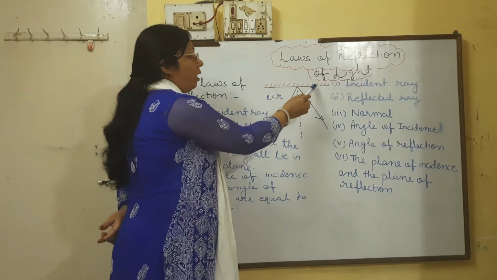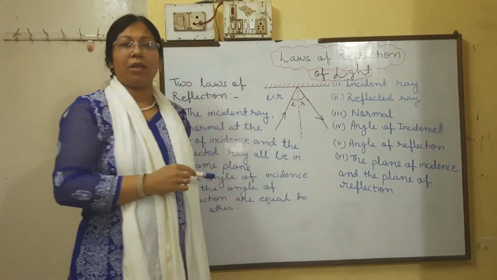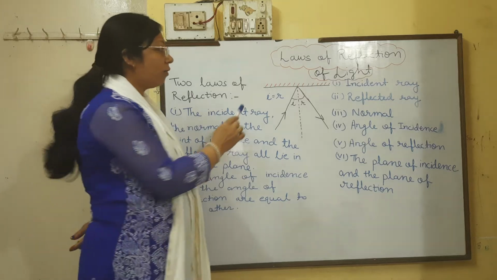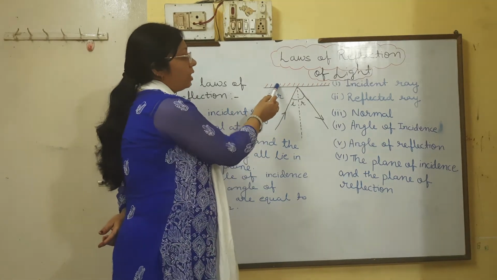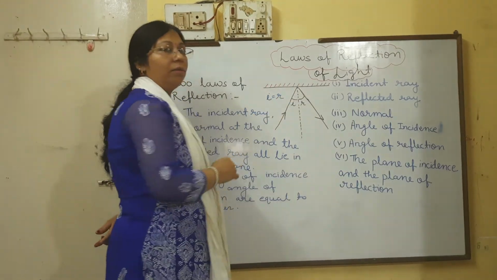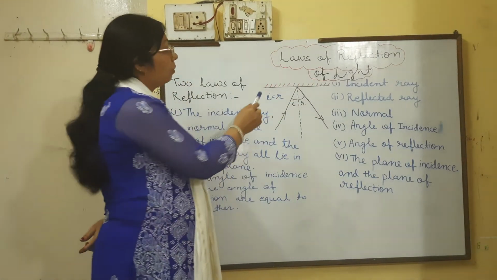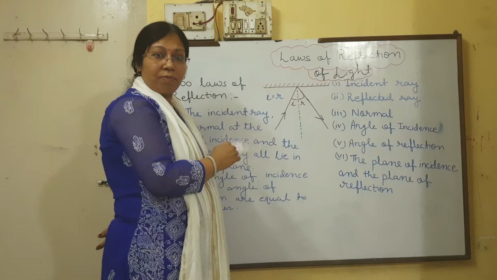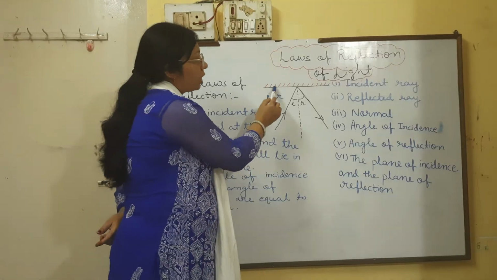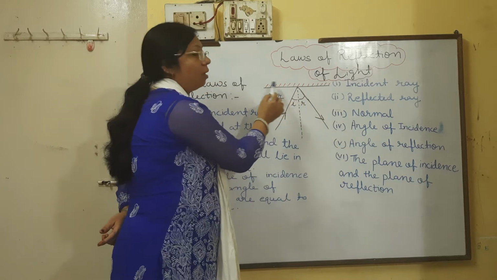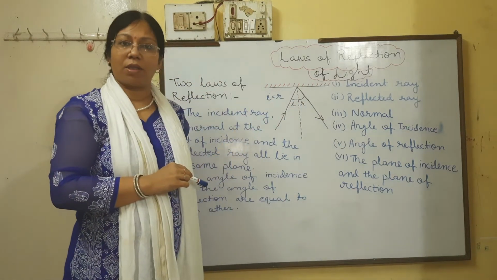Here you can see I have made a rough structure of the plane mirror, and this dashed line is showing the polished surface, polished by lead oxide, and the smooth line is showing the shiny surface.